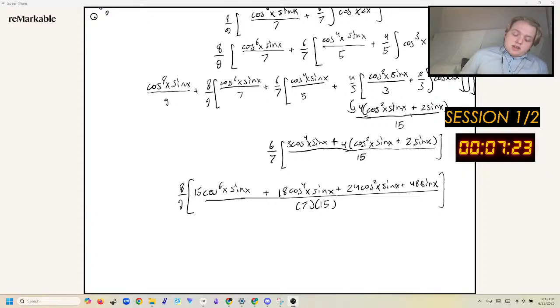So what I'm going to go ahead and do is simplify this numerator, though. It looks like our smallest common factor is going to be a 3, the 3 sine x.